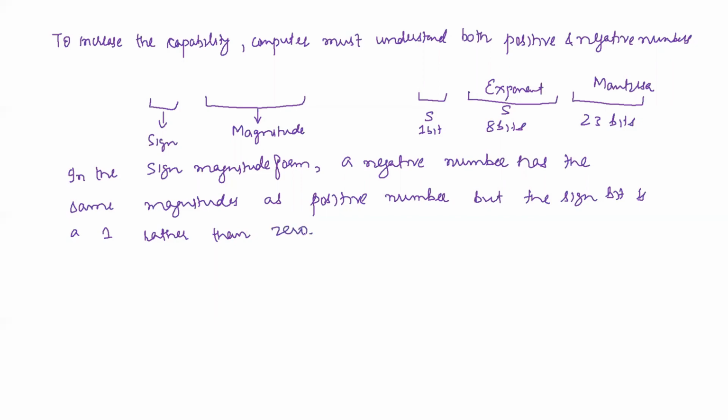Suppose you are writing 1101. So this is your 13. We don't know whether this is positive or negative. So if you put one more bit here, and if I am writing 1 here, now this is negative 13. And if it is 0 1101, then this is positive 13. So this is the difference.